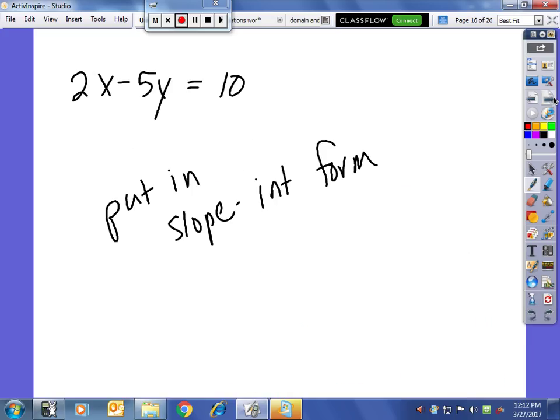Alright, let's keep on trucking here. Put this in slope-intercept form.